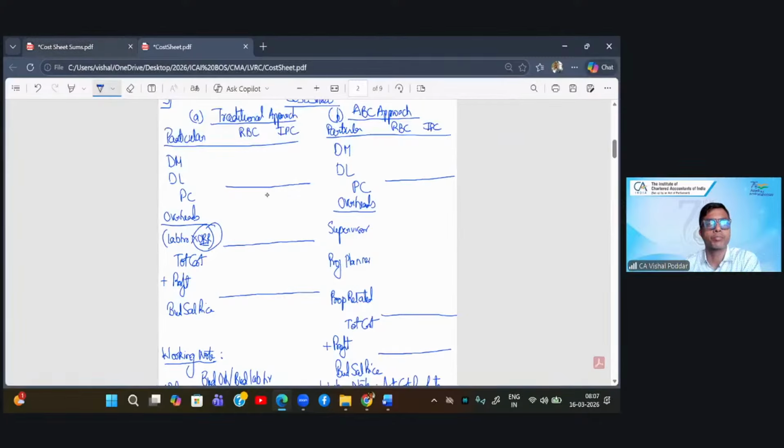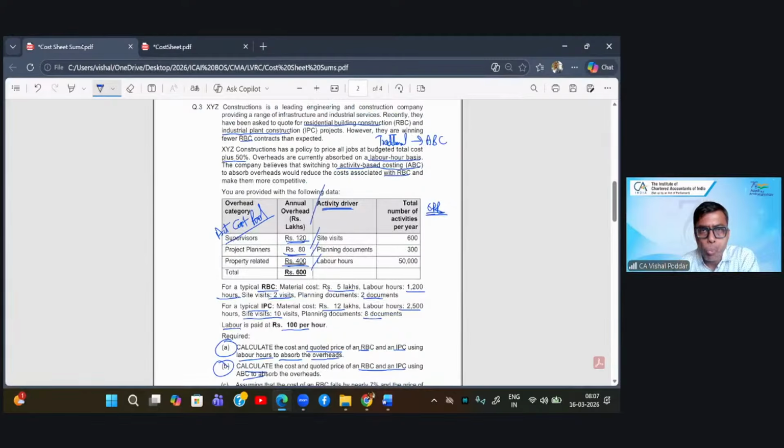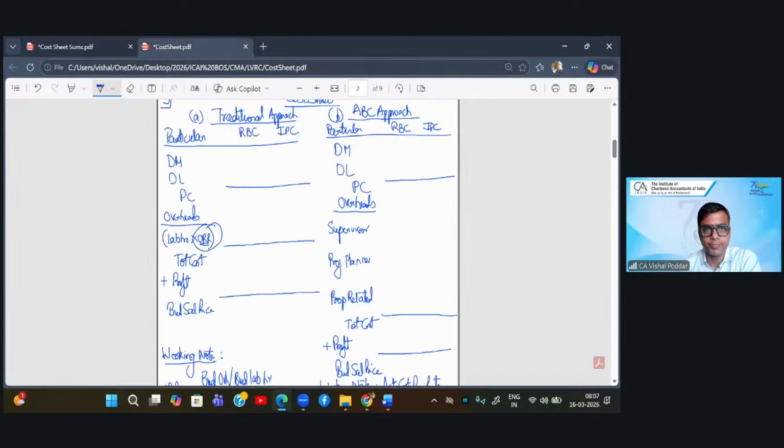Okay. Now, material cost is 5 lakhs, and labor hours are given as 1200. Now, it is 1200 hours multiplied by how much was our labor rate? 100 per hour.